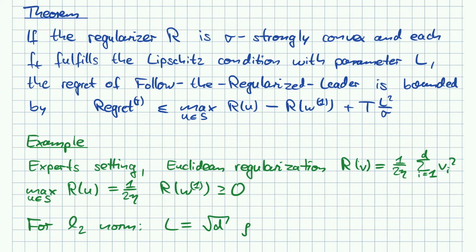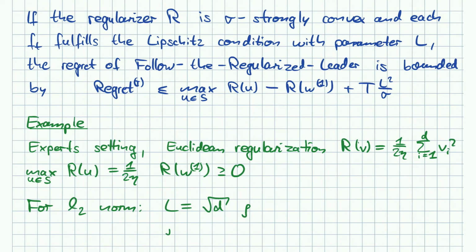And we've also talked about sigma. We showed that this Euclidean regularization is 1 over eta strongly convex with respect to the L2 norm. Both of these are with respect to the same norm. That's important, although it doesn't actually matter which norm we're talking about.